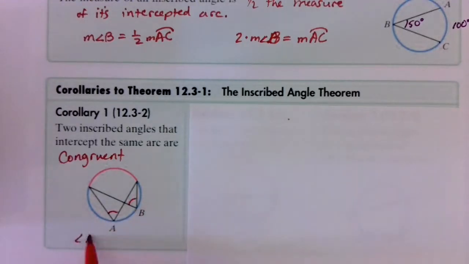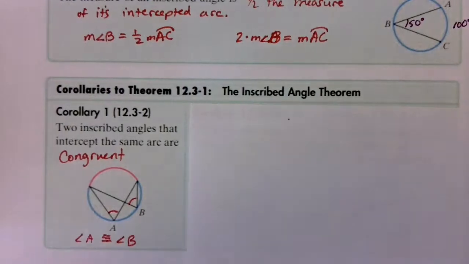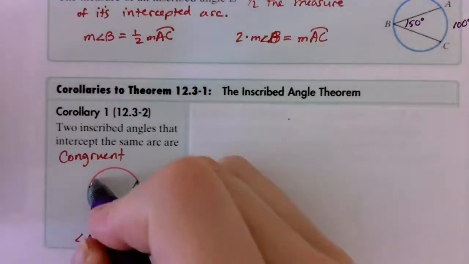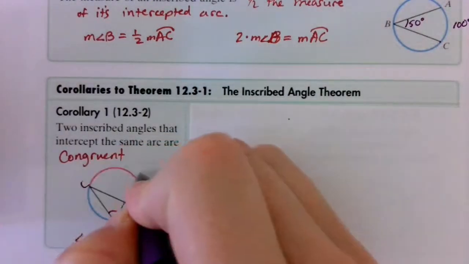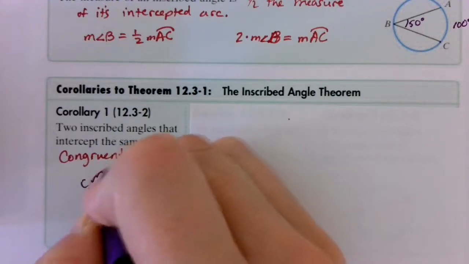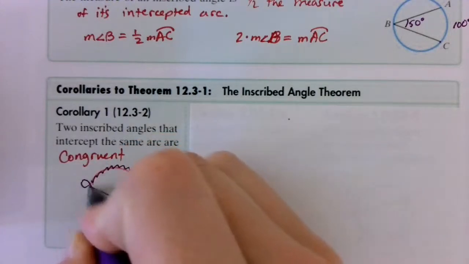And I've already got that actually drawn in the picture here. So I'm going to put a little statement down here that angle A is congruent to angle B, is my specific example that I'm using. Okay, and why is that? Again, because they're both half of the arc. So angle A is half of arc CD. That's the arc that's inside of it.